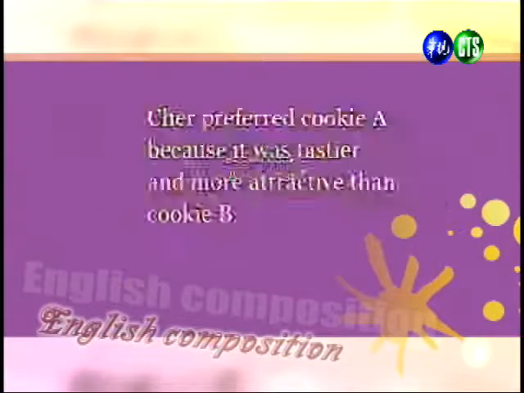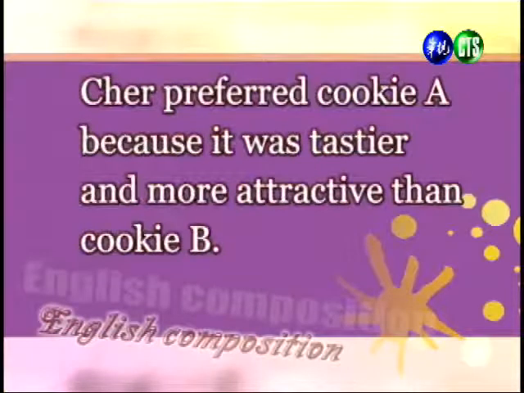All right, we can also make up a sentence that shows the reason why we like cookie A better than cookie B. 好，我们也可以用另外一个说法来表示我们喜欢饼干 A 胜过饼干 B 的原因。And we have this sentence. Cher preferred cookie A because it was tastier and more attractive than cookie B. 好，我们可以看到这个句子意思是说 Cher 比较喜欢 Cookie A，因为它吃起来口味很好，而且呢它比 B 更有吸引力。And you can see in this sentence that we have 2 adjectives.